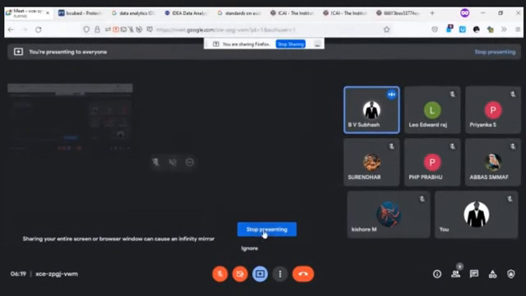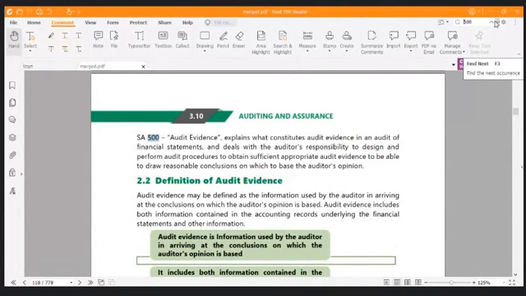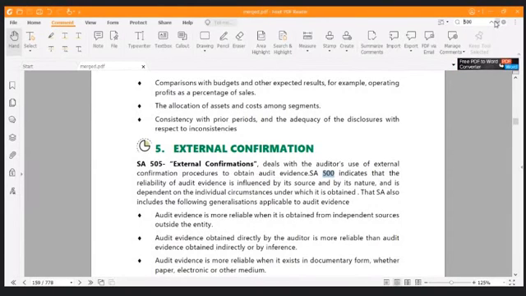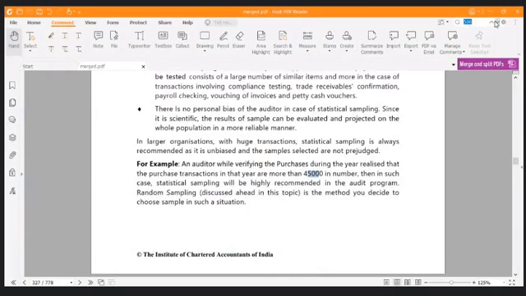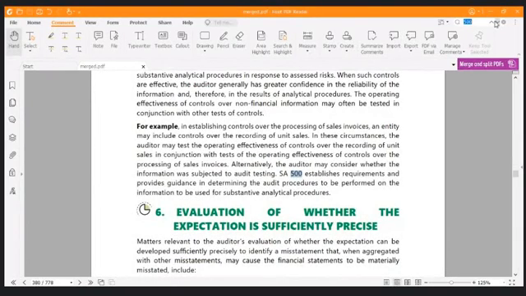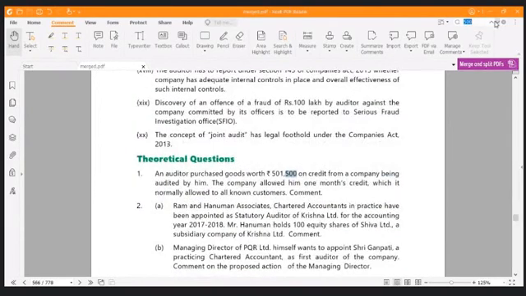the standard chapter that you're looking at, let's take SA 500. There are only references coming.